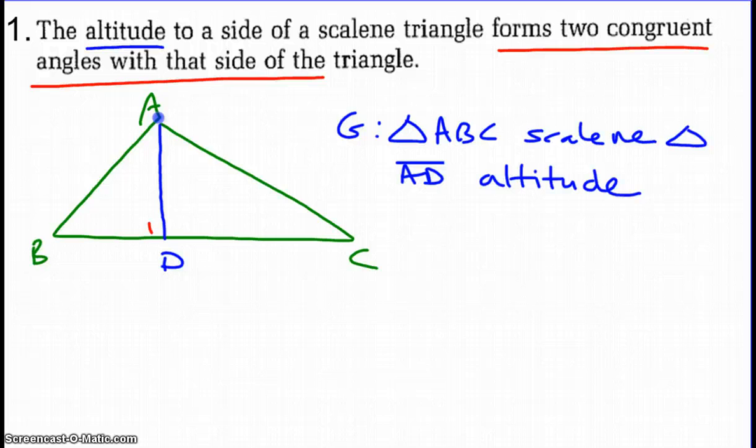So the altitude that's drawn forms those two angles, and we want to prove that angles 1 and 2 are congruent in that given diagram. So it's not a terribly long proof. We actually probably won't even use scalene in the proof. It's just telling us that all the sides are different. But you can go ahead and do that proof.